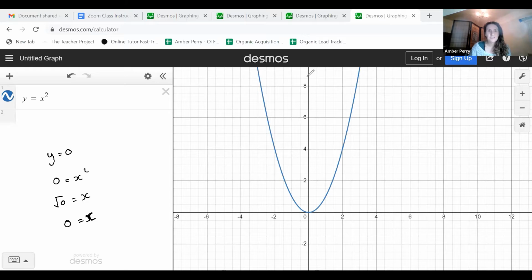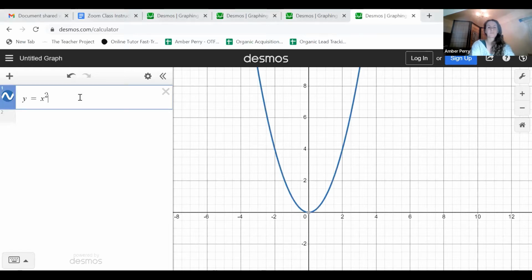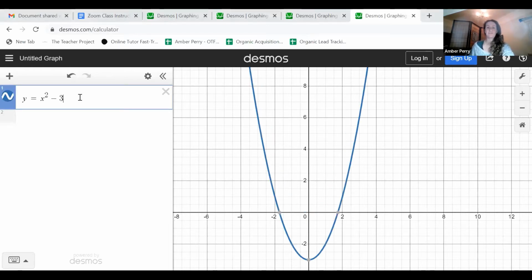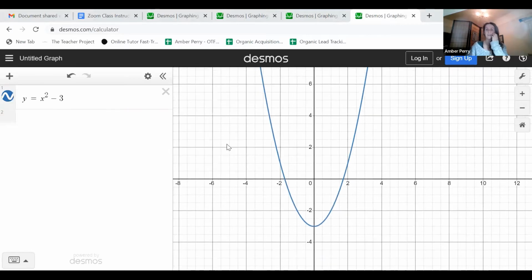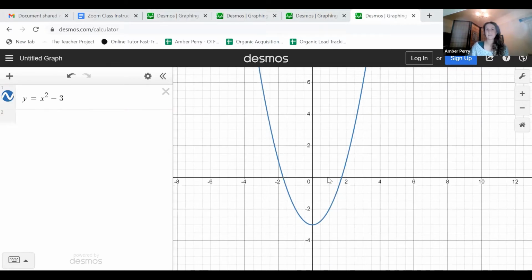If I now considered the graph y equals x squared minus 3, for example, okay, you can see this goes through the x-axis twice. It's got two solutions, or two what we call roots, all right?